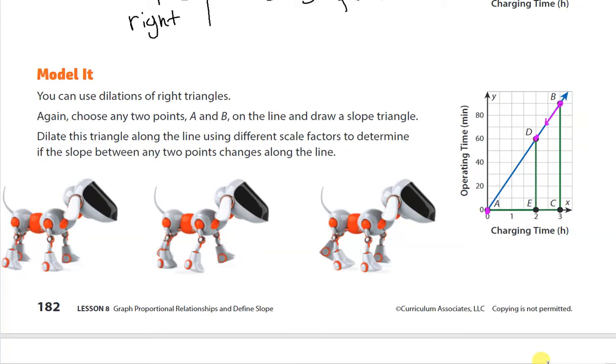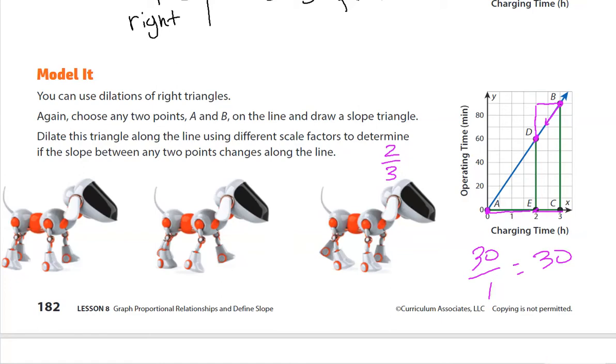I can tell that because this is 1, 2, 3, and now it's at the 2, so it went down by 2/3. So they scaled it down, and you can see the difference between where B and D are. It's still going to be 1, 2, 3, and 1. 30 over 1, which is 30.